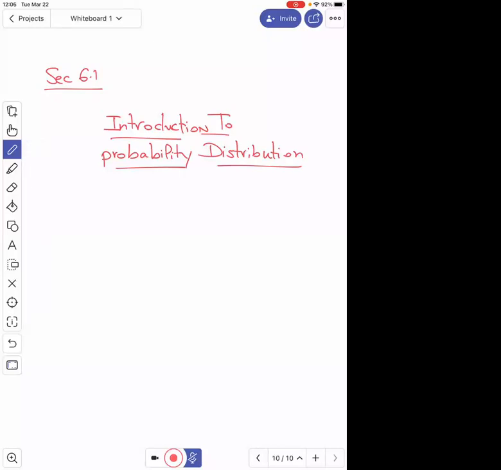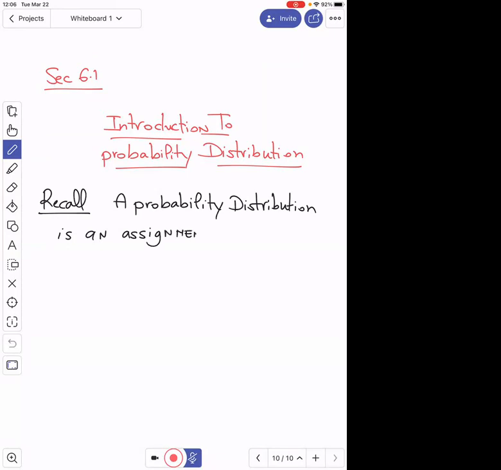Just to remind you what I said yesterday: a probability distribution is an assignment of probability to each value of the variable x.